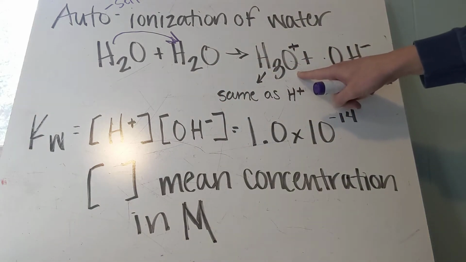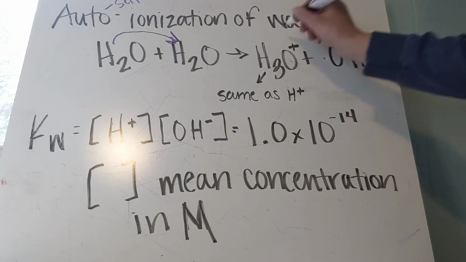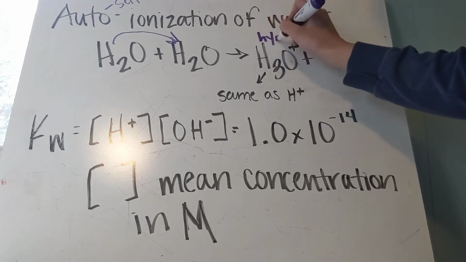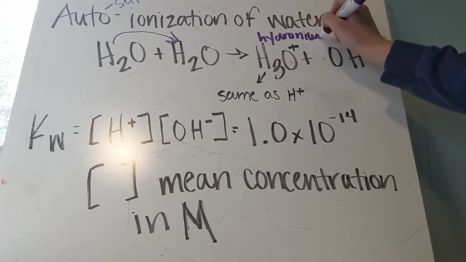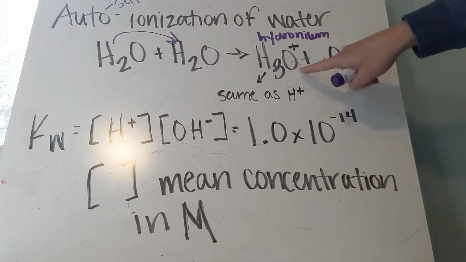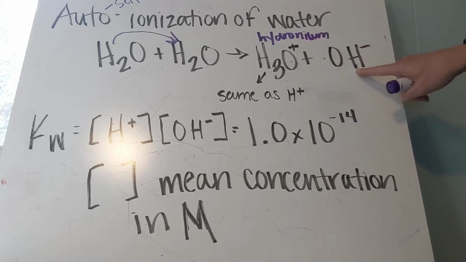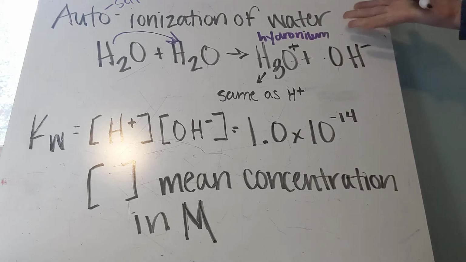The acceptor becomes H3O plus. We call this hydronium. So we get a hydronium ion and a hydroxide ion. This is the self-ionization of water, or the autoionization of water.